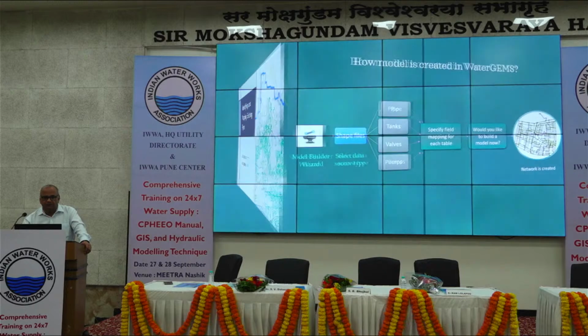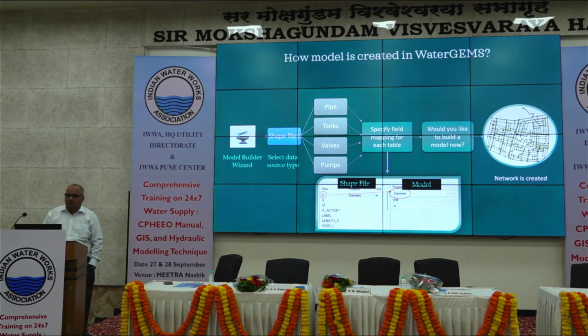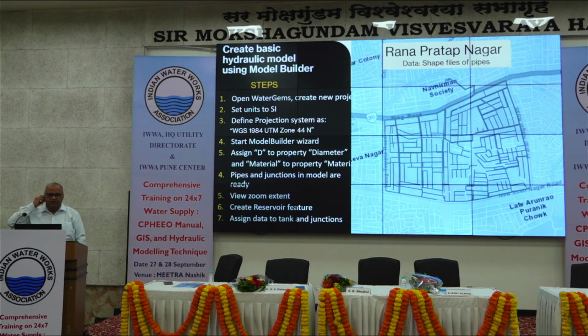So the steps of this model creation in WaterGEMS are, first of all, using the ModelBuilder, using the shapefiles of pipes, tanks, wells, pumps, we have to create the model and then give the attributes and then run it. Attributes also using the GIS. How can we do that? We will see now. So in the case of Rana Pratap Nagar, the steps I mentioned are: open WaterGEMS, create a new project, set units to SI.